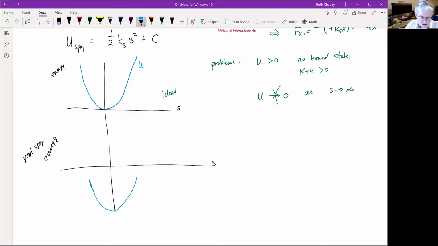But then as it gets stretched too far, the spring stretches out and then it finally just breaks. Whereas if it gets too close together, then it gets very, very hard to push it together. So a real spring energy graph would look something like this. We could call this distance here, this is our constant, E0 or E spring. It's a negative number so that we get bound states. So now we can have some bound states of K plus U less than 0.